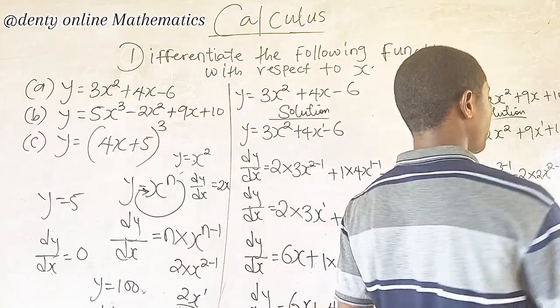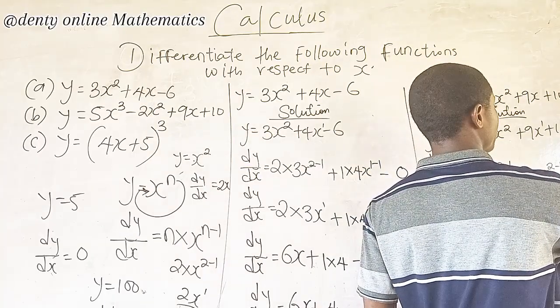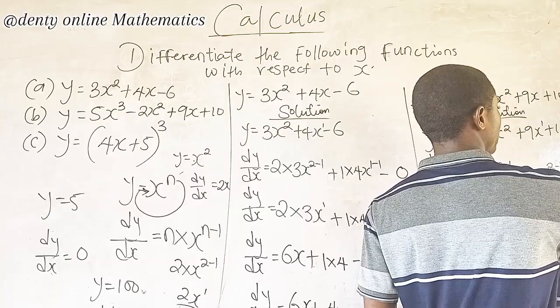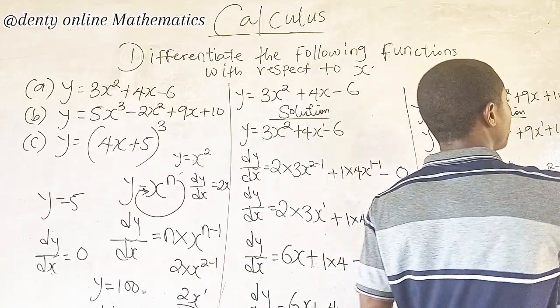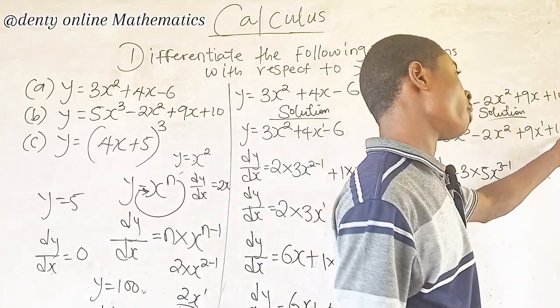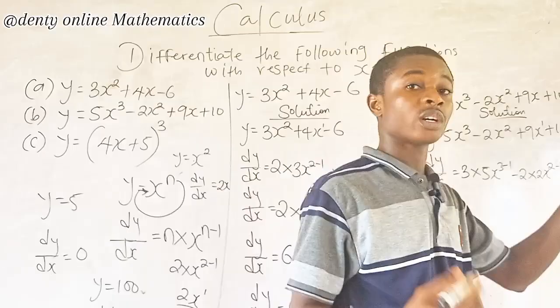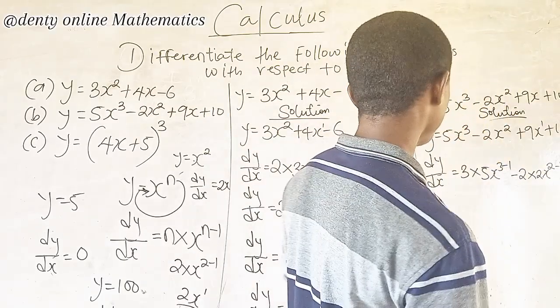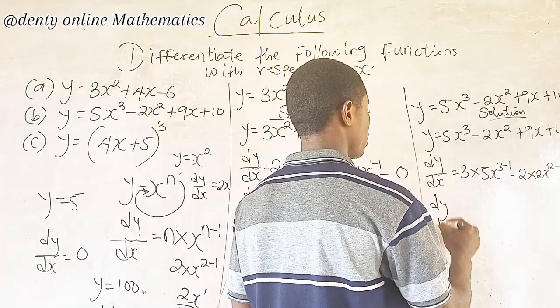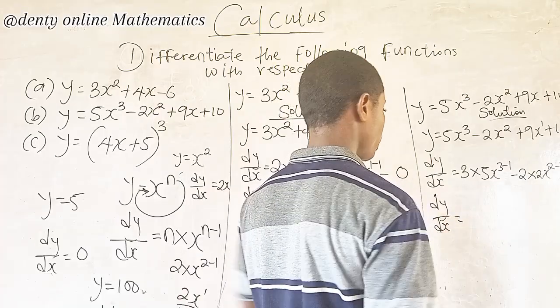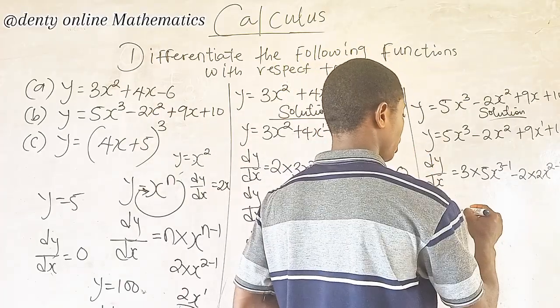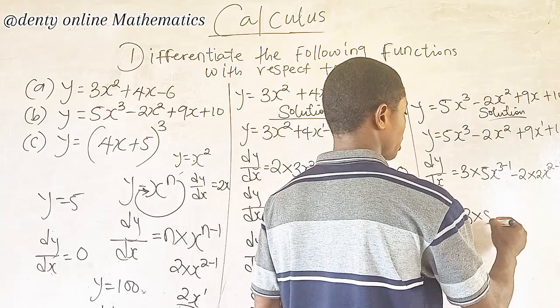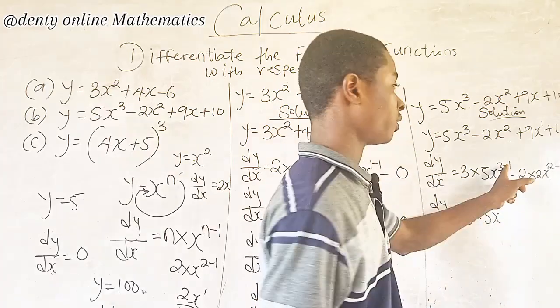So the 1 will multiply the 9x, 1 times 9x raised to the power 1 minus 1. And then we know that the derivative of a number, or the derivative of a constant, is what? 0.